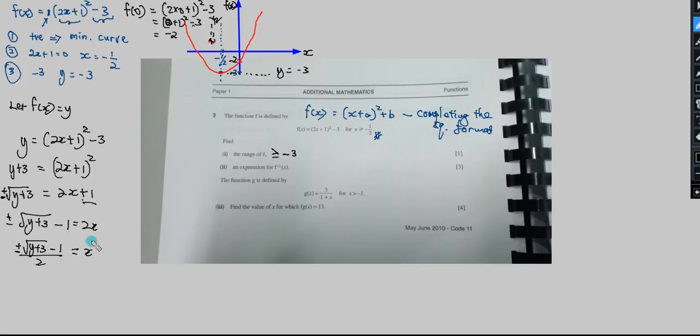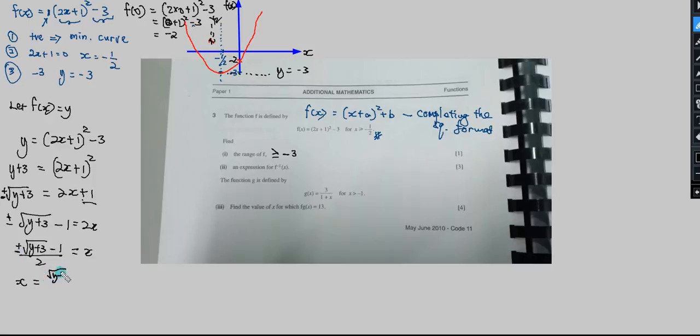Now from here we have to decide, for x to be the subject, whether you will take the positive or the negative. Let's rearrange x equal to, you got a plus and you got a minus. Let's write both.